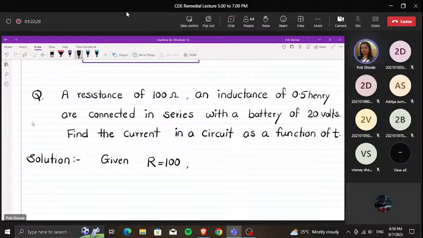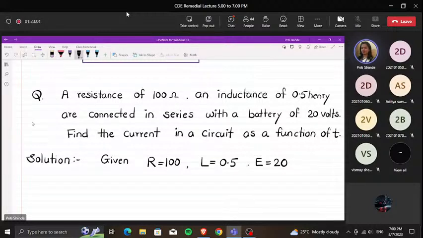Inductance, so for inductance, my notation is L. So L is 0.5. Connected in series with a battery of 20 volts. So voltage is given as 20. So resistance, notation is R, inductance means L, and voltage is given. So battery voltage, electromotive force E is equal to 20.